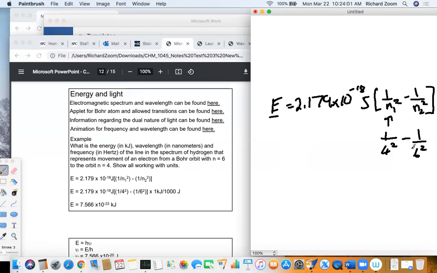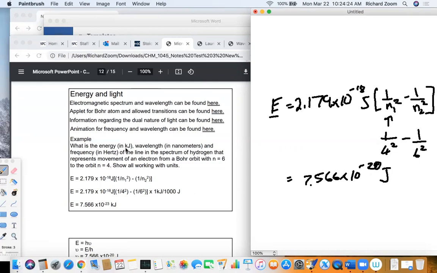So by subtracting these two values, we end up getting what we want as a positive value. We do the math there, and it comes out to be 7.566 times 10 to the negative 21 joules. Sorry, 10 to the negative 20 joules is what I should say.